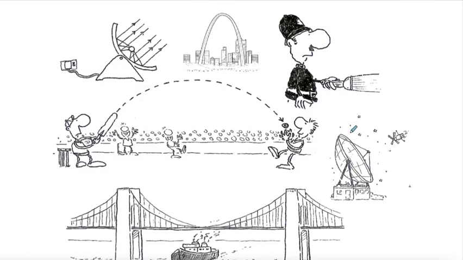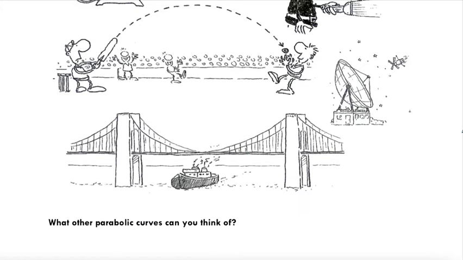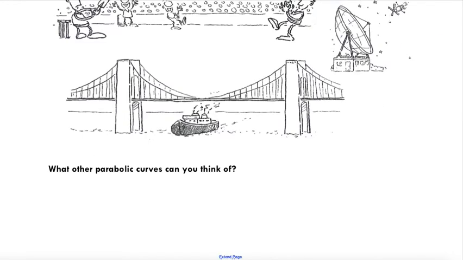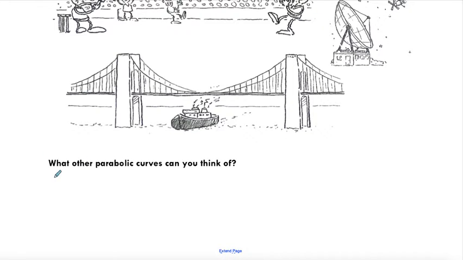We have a satellite dish. We have bridges. And you might be able to think of some other parabolic curves as well, like, for example, a half pipe when you are snowboarding or skateboarding.